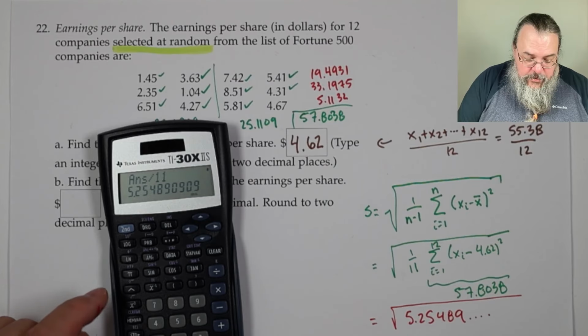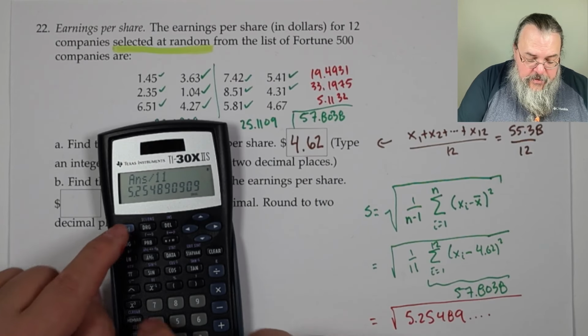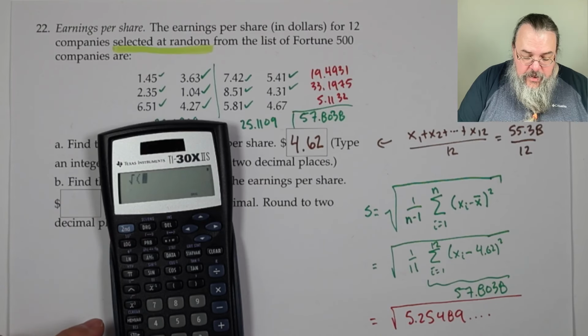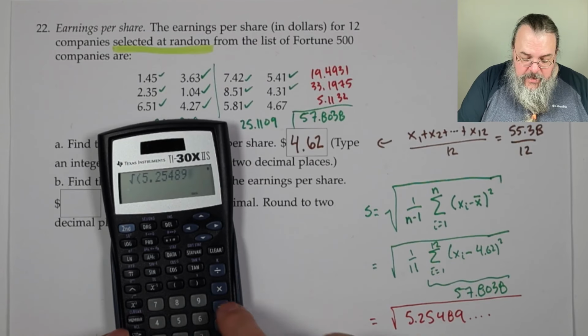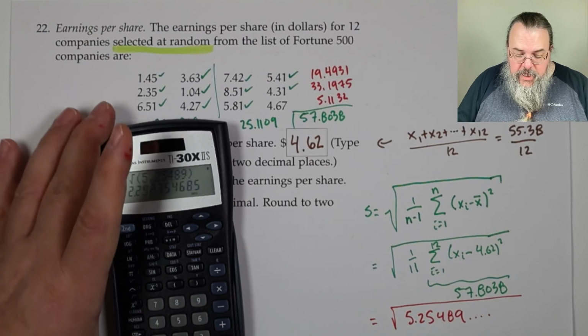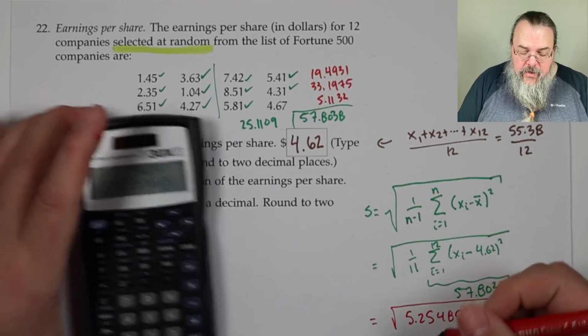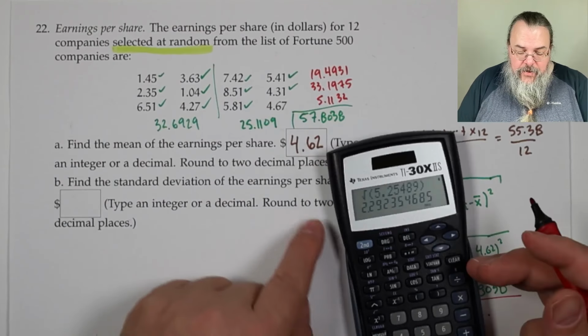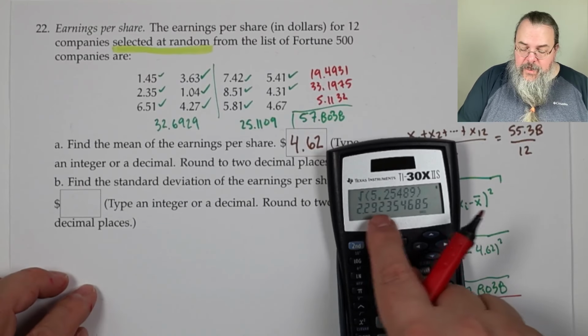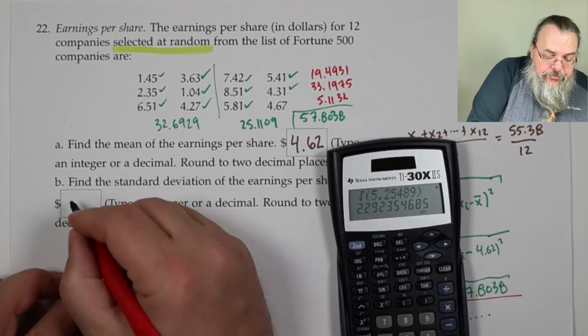So we take the square root of 5.25489, and we get our answer, 2.29. We need to round to 2 decimal places, so we're going to just say 2.29.